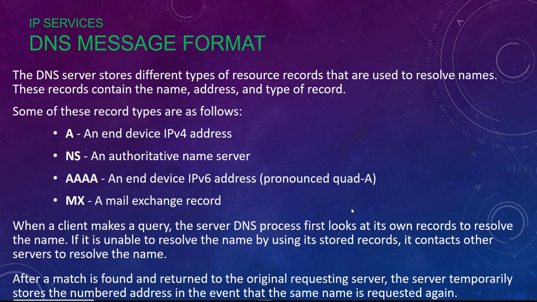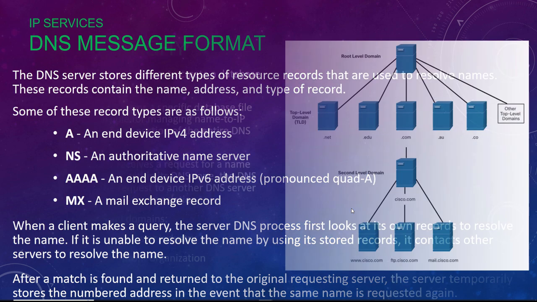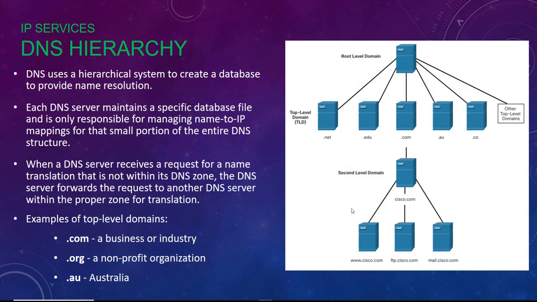And then we also have a local DNS, and our local DNS makes queries to other DNS servers in order to do name resolution. Alright, so DNS uses a hierarchical system to create a database to provide name resolution. Each DNS server maintains specific database files and is only responsible for managing name to IP mapping for a small portion of the entire DNS structure.